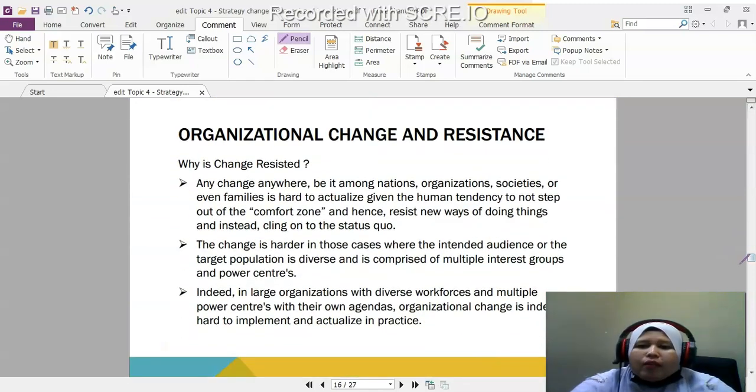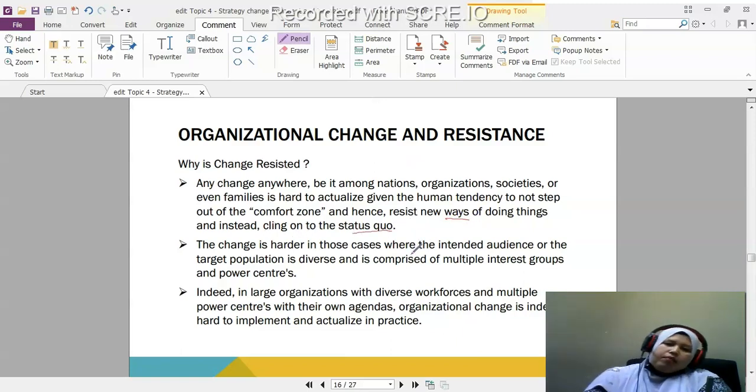Okay, let's look. Why is there resistance to change? Any change anywhere, be it among nations, organizations, society, or even families, is hard to actualize. Even the human tendency is not to step out of the comfort zone, hence new ways of doing things are resisted and people insist on the status quo.